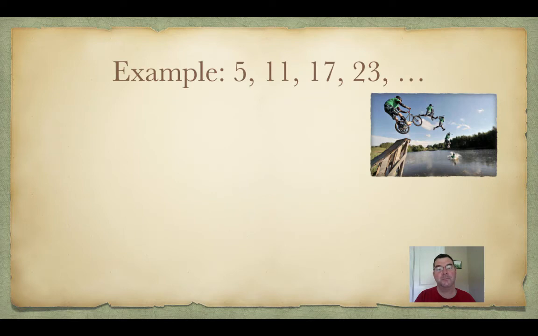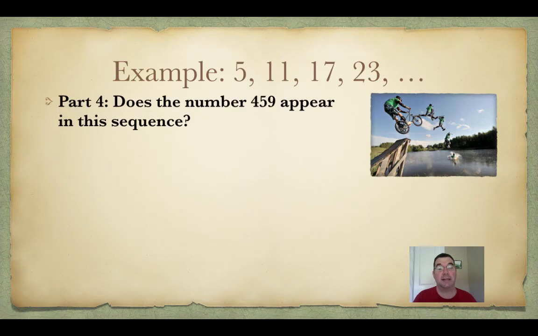All right. Moving on, the next question I could ask is, does the number 459 appear anywhere in this sequence? Well, I know it starts at 5 and I know it goes up by 6s, so I could keep doing that until I either do or don't run across 459. But there's another way to do it more algebraically. Remember, the formula for the nth term is 6n minus 1.